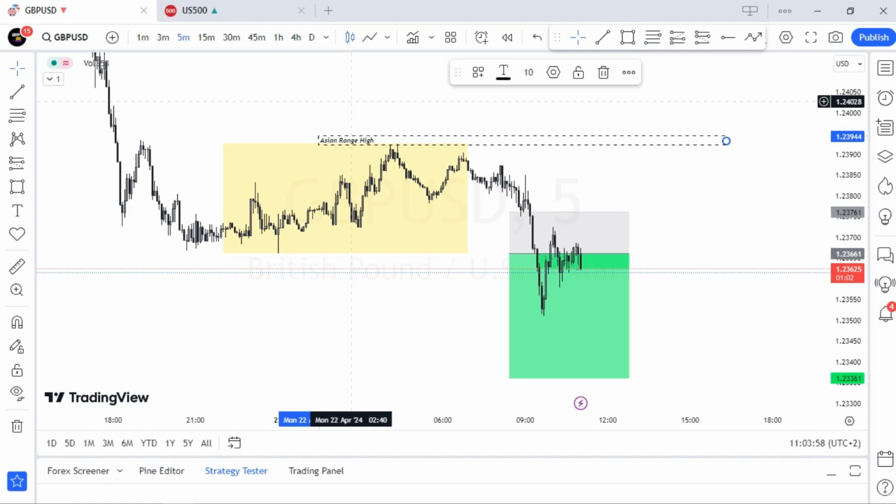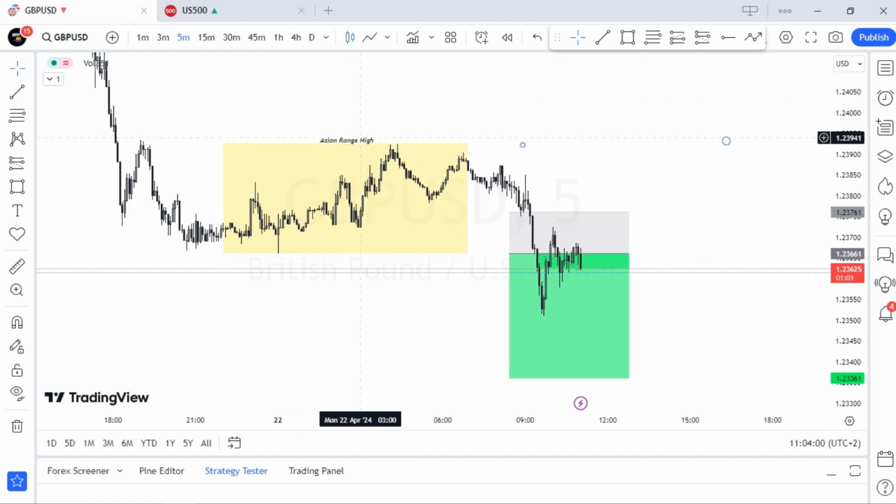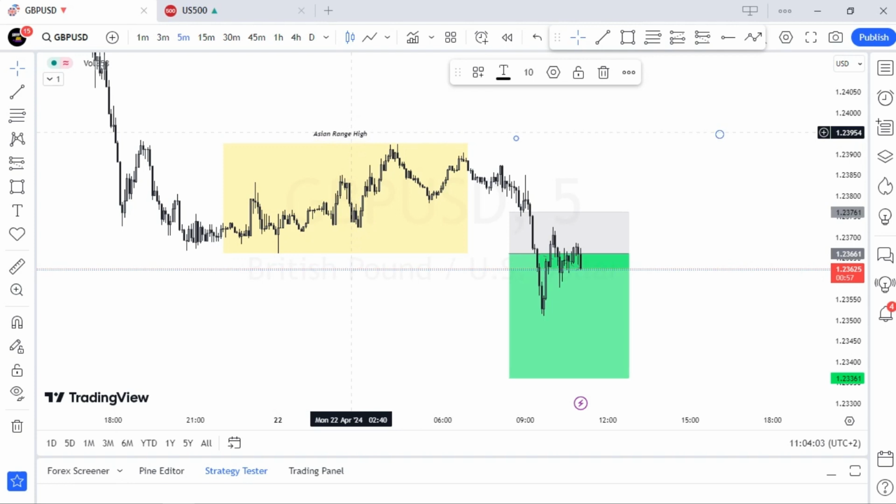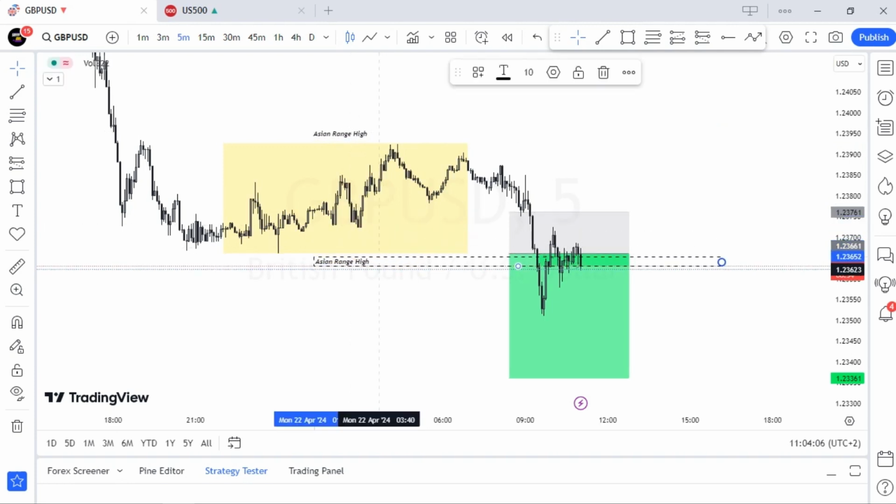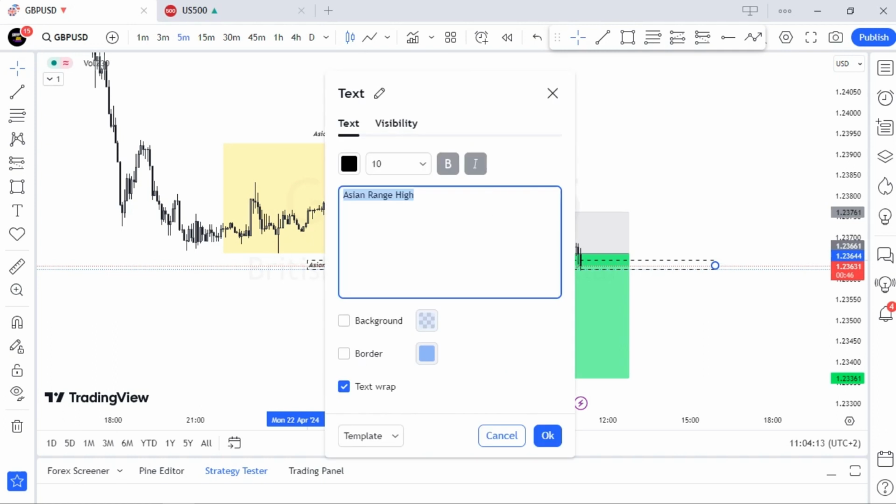So this is our Asian range high, as you can see, and this is our Asian range low.